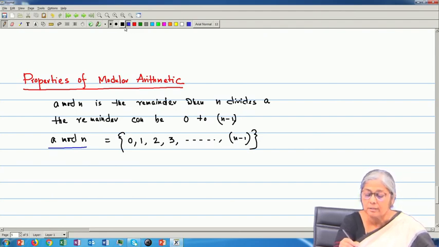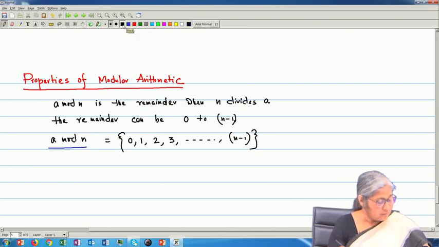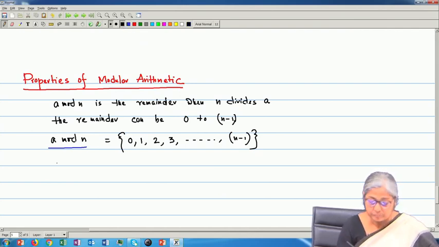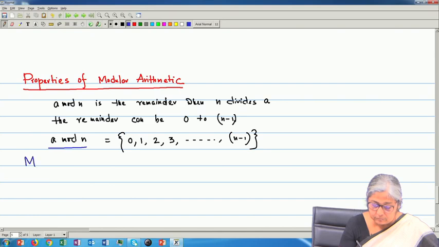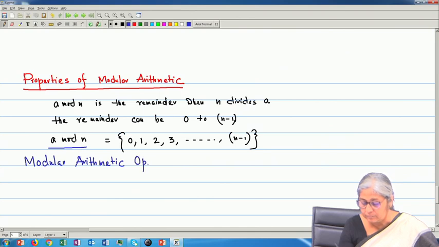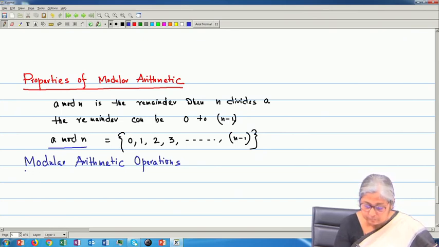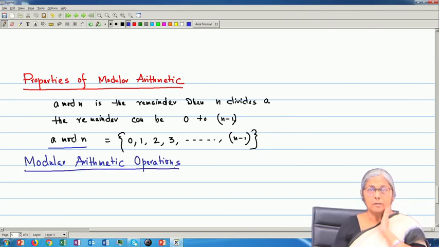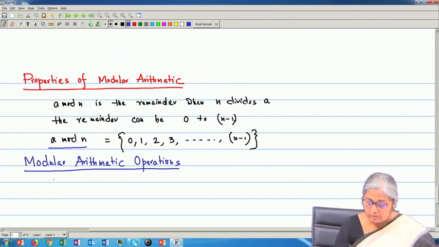So, first we see the modular arithmetic operations. So, first we consider the addition.